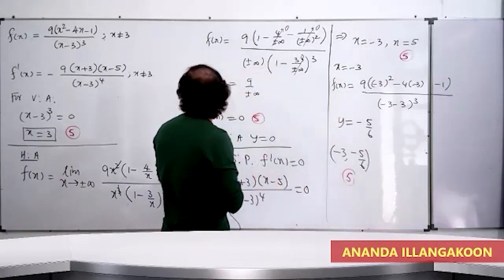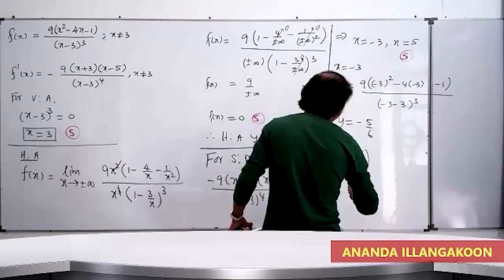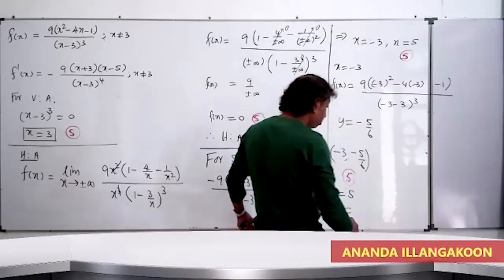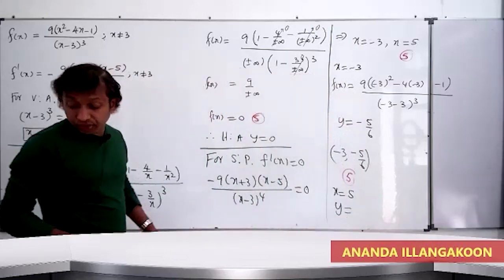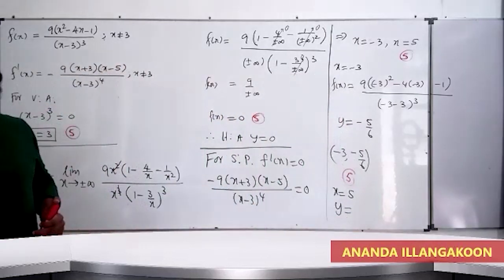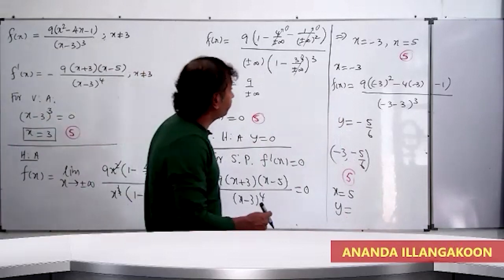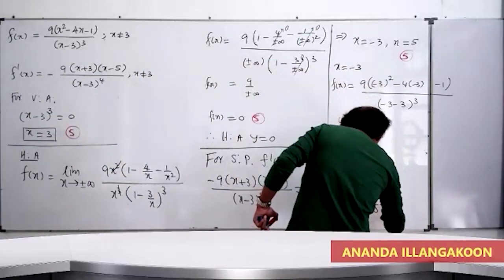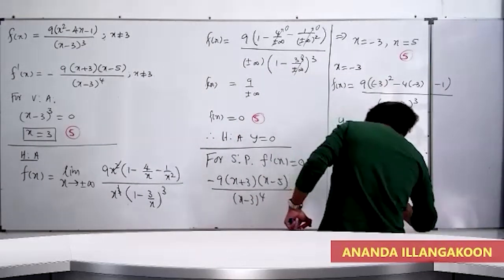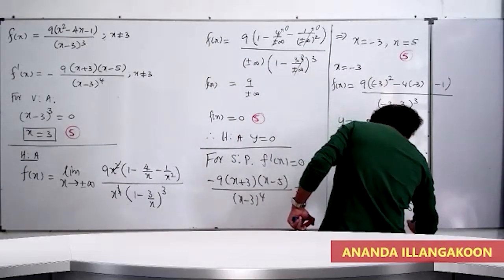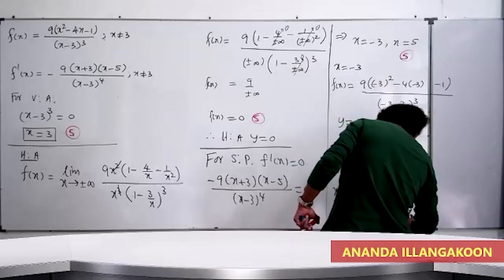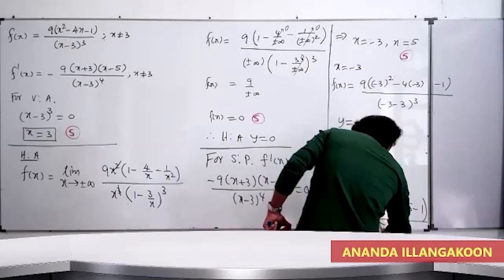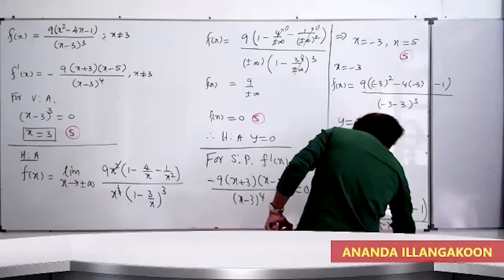And x equals 5, we get y. Substitute 5 in x: 9 times (5 squared minus 4 into 5 minus 1) divided by (5 minus 3) to the power 4.